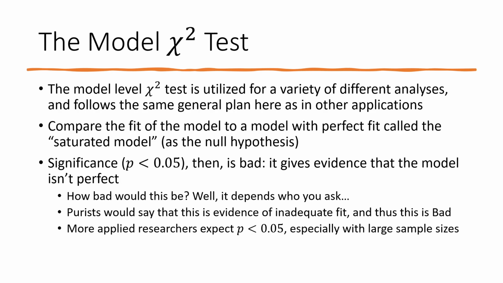The reason is that in larger sample sizes, the tests for chi-squared can get so sensitive to any deviation from the observed variance covariance matrix that it becomes almost impossible to have this p-value be greater than 0.05. That is, we're always going to find a statistically significant difference because any minuscule level of difference is going to be declared statistically significant at large sample sizes.